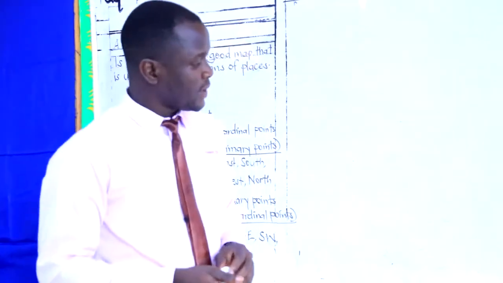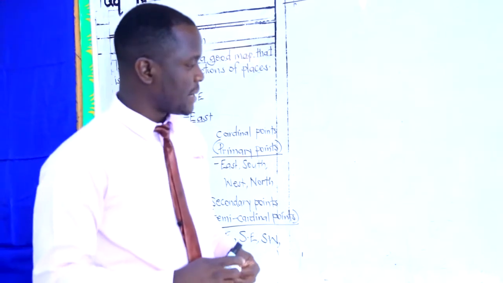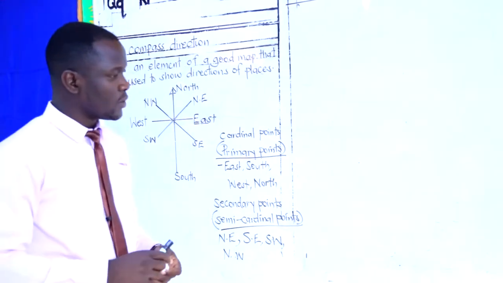Now, the other element of a map that we need to understand would be a key.